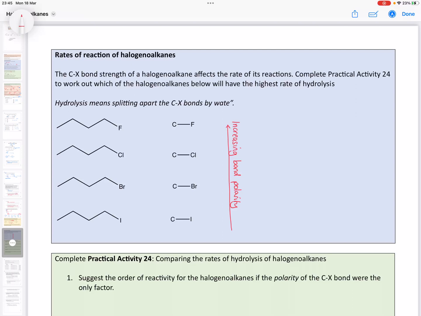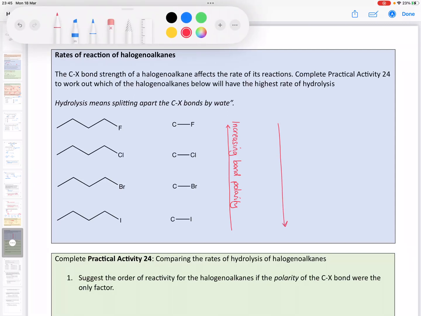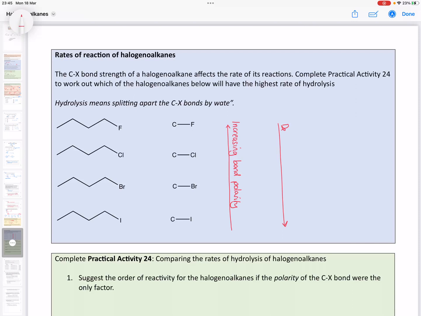And this way, a decreasing bond enthalpy.